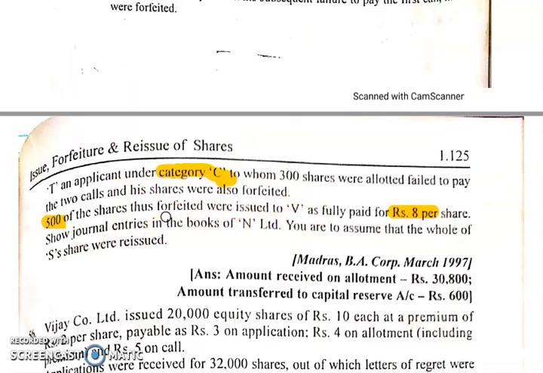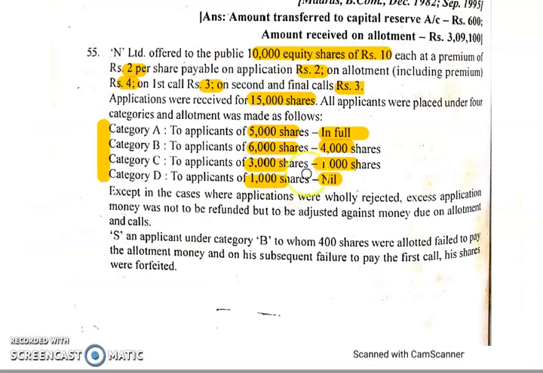Here in the sum, we have pro rata allotment, which we need to find out separately. Then we have calls in arrears, which we need to find out separately. But compared to the previous sum, one change is that after this person has failed to pay the first call, they are forfeiting the shares.